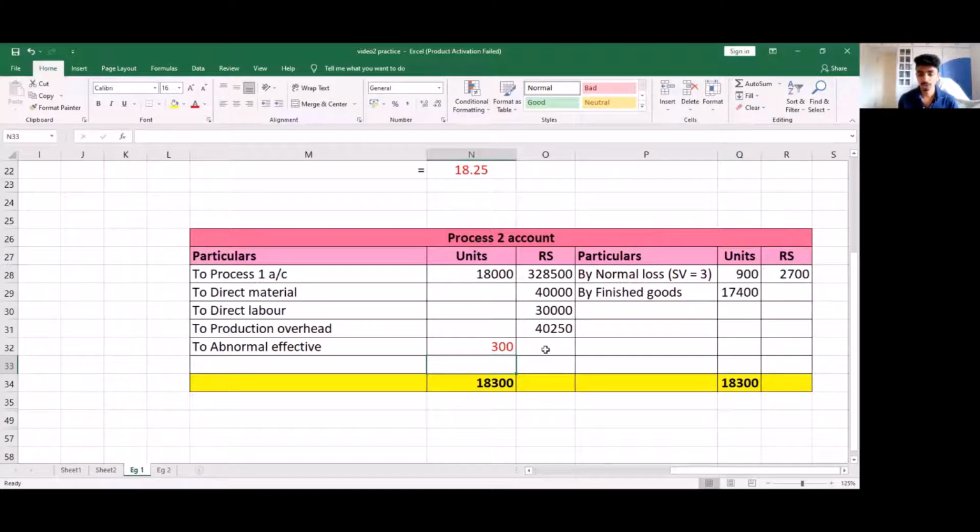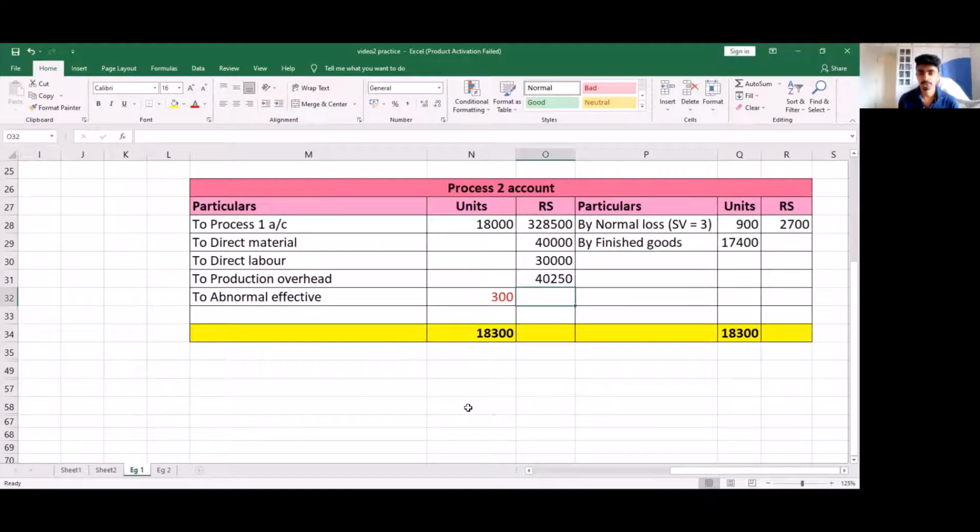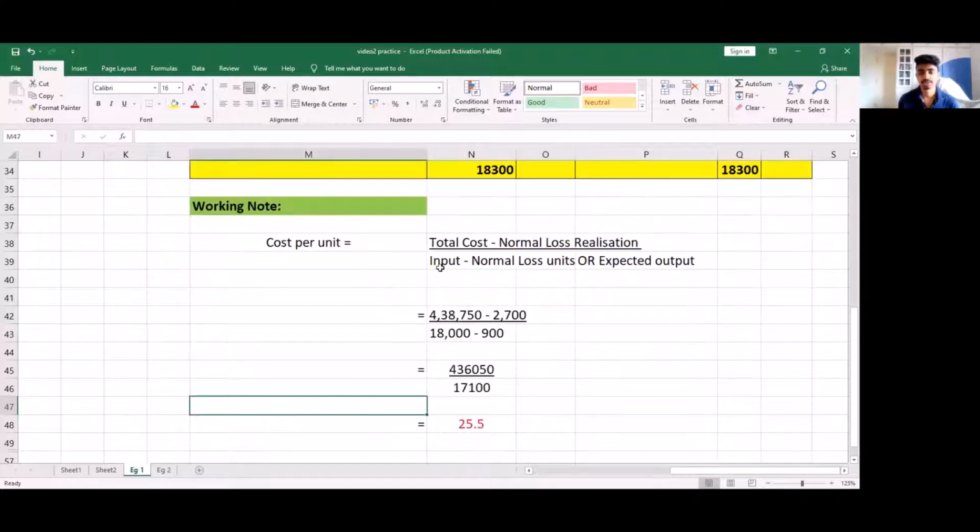Now again, for the cost for the finished goods and abnormal effective, we have to calculate cost per unit. So as I said before, for finished goods, abnormal effective and abnormal loss, we find cost per unit. To find cost per unit, we again use the same formula. So we have our working note, our cost per unit formula: total cost minus normal loss realization divided by input minus normal loss units.